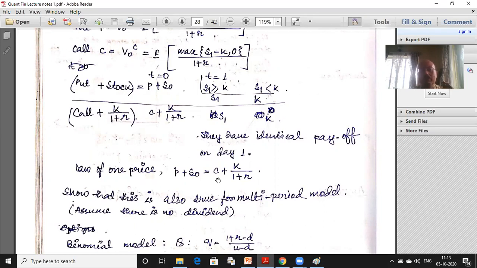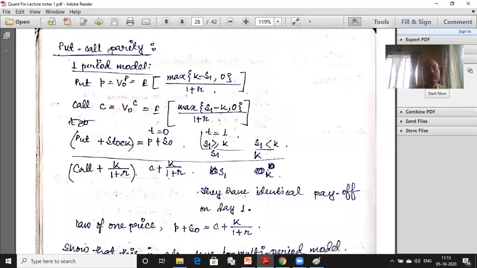So it will force this equality. All right. So this is the important result known as the put call parity. Remember that for American options, such a result need not be true, because in American options, the exercise range is multiple time periods, a whole range of time. So there, this put call parity can break down. But in European type of arrangements, put call parity will always hold.